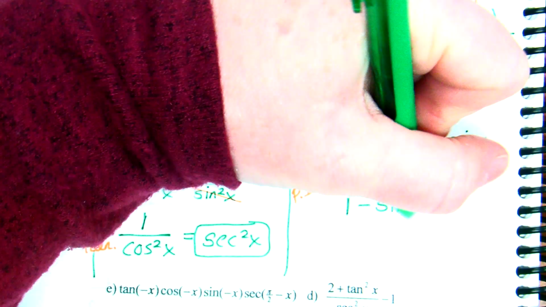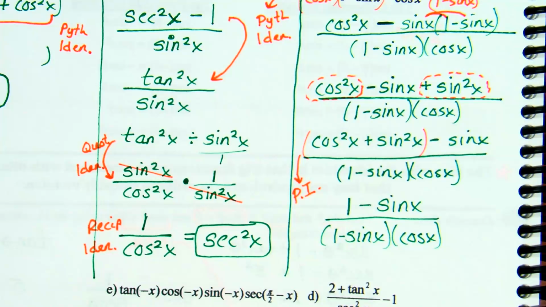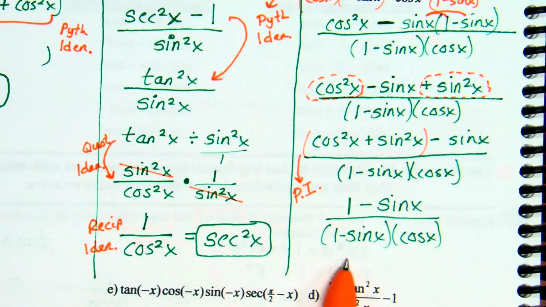So now we have 1 minus sine x over 1 minus sine x times cosine x. Now you have to cancel whole factors, right? In the denominator, I have a factor of 1 minus sine x. In the numerator, I don't have any factors, but the whole thing can be considered a factor.